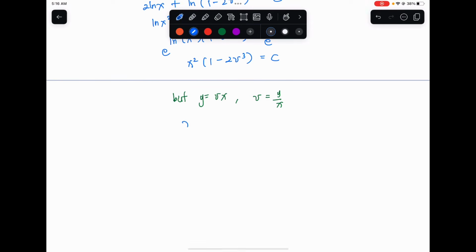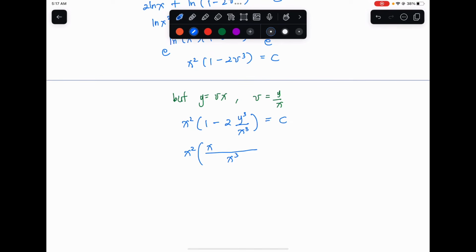So x squared times 1 minus 2 times v cubed, that would make it y cubed over x cubed, is equal to c. So we can combine the two. The LCD is x cubed.